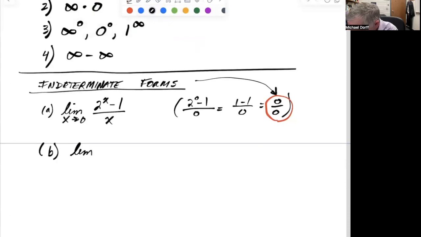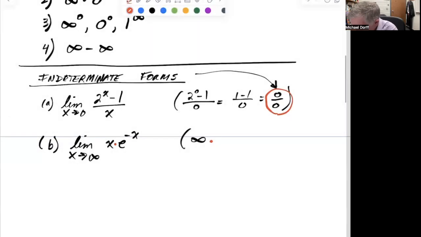Suppose I have the limit as x is going to infinity of x times e to the negative x. What does that equal? Well, as x is going to infinity, x is going to be infinity, times, because we have a times right here. And what happens to e to the negative x?